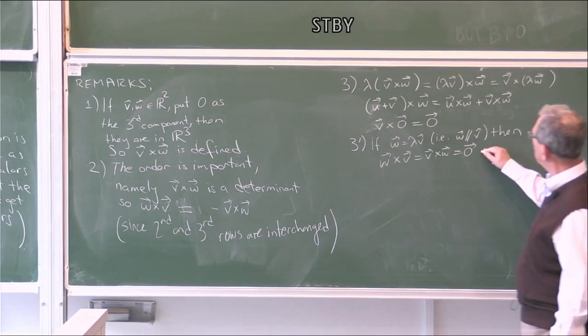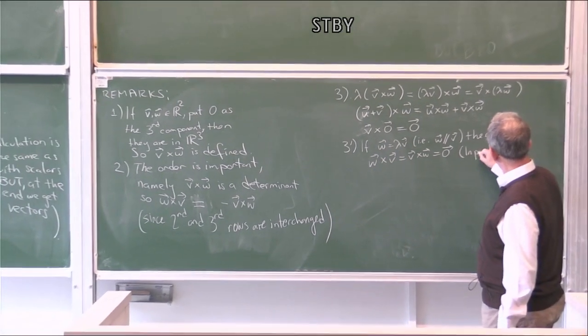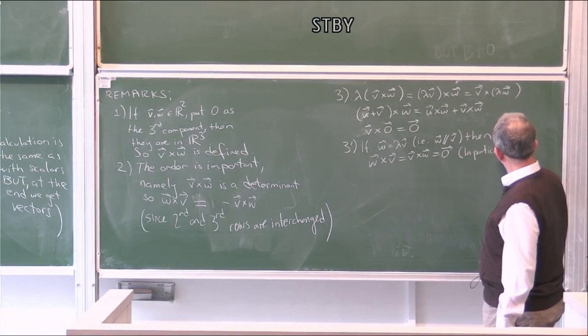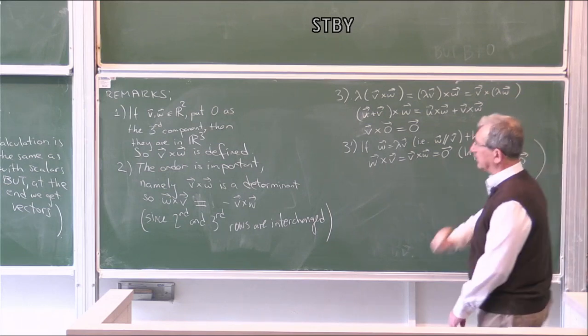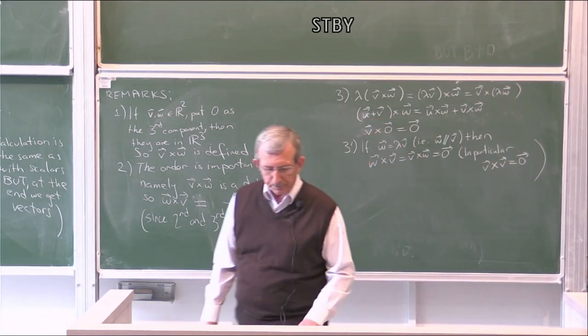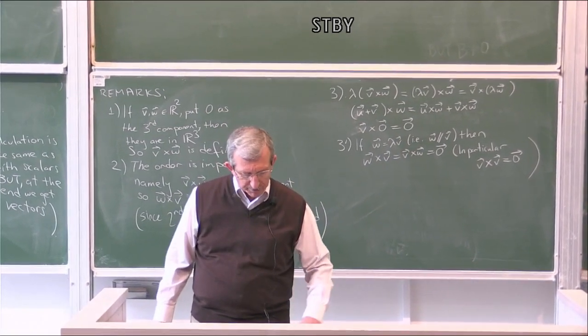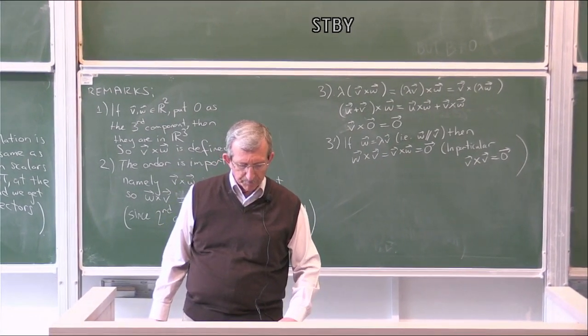Hence, in particular, V cross V is always 0. Okay, we will generalize these things a little bit.